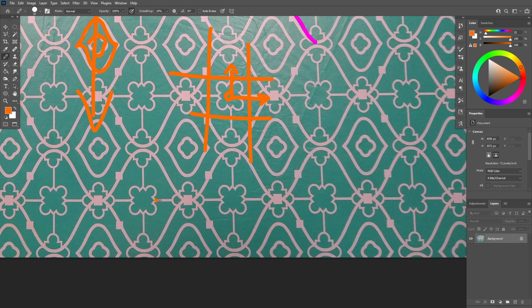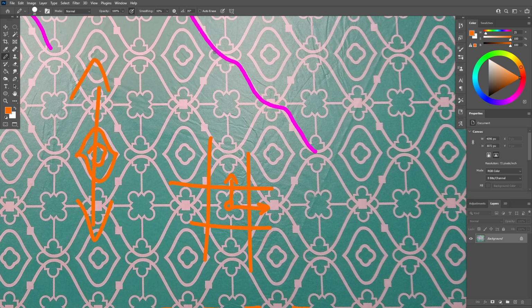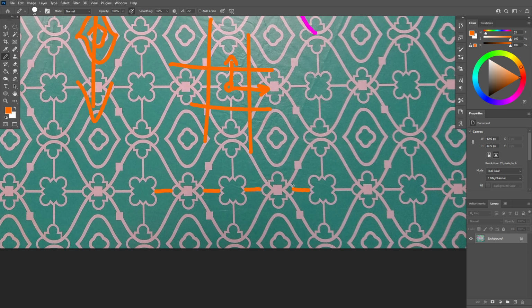There's also these lines, like the ones that join the kind of 4-leaf clover shapes. I'll just call them the 4-leaf clover shapes. It's just a diamond, but surrounded by four circles. But those lines don't have anything special. They just make a larger grid.